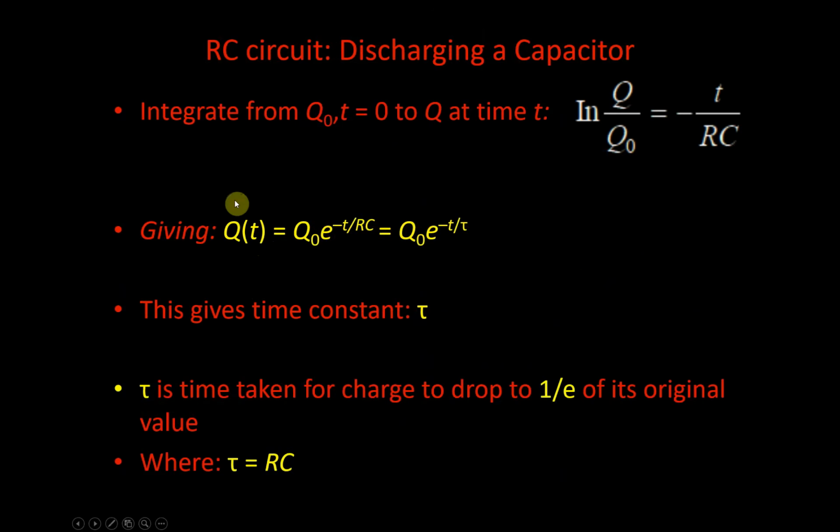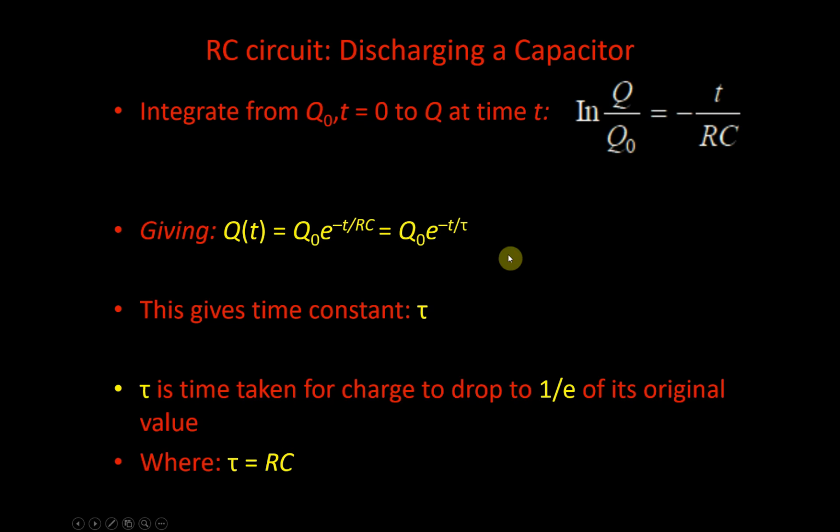Your charge at some given time t will be Q0, whatever your original charge was on the capacitor, times e to the negative t, the time you're interested in, be it 1, 2, 3, 4 however many seconds, divided by resistance times capacitance. That is equal to the original charge times e to the negative t over some time constant.